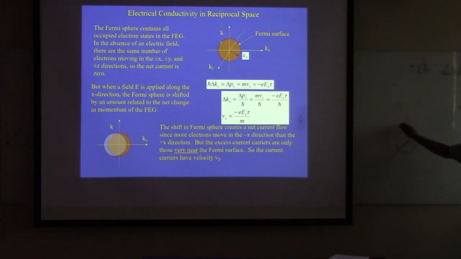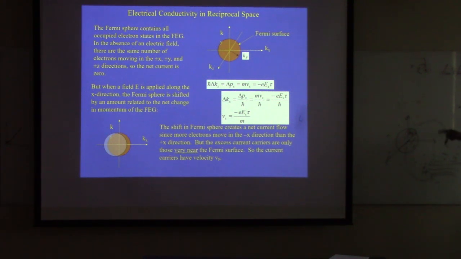All the states here are unoccupied. This is a K space picture. Then in the energy space, this means you have the Fermi energy. These are the filled states that correspond to this part, and these are the unoccupied, the empty states. You can see the two pictures, right? Energy picture and the momentum, K-space picture.